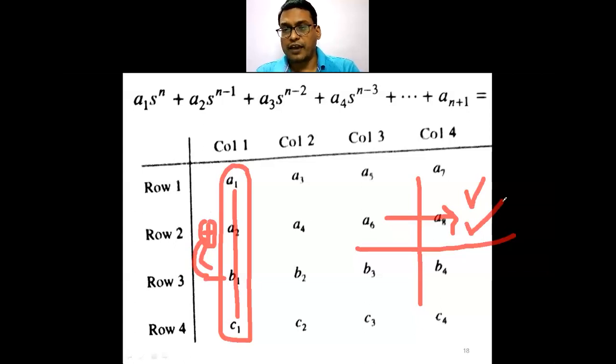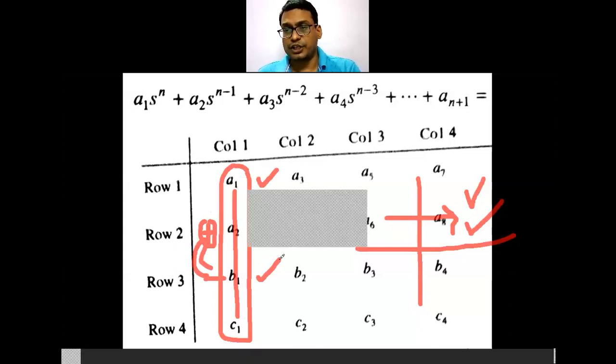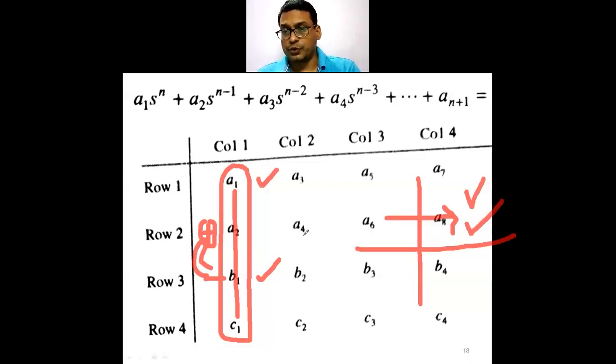Suppose A1 and B1 are positive and C1 is negative, or B1 is negative and C1 becomes positive. Say A1 is positive, A2 is positive, then B1 is negative and C1 is again positive.